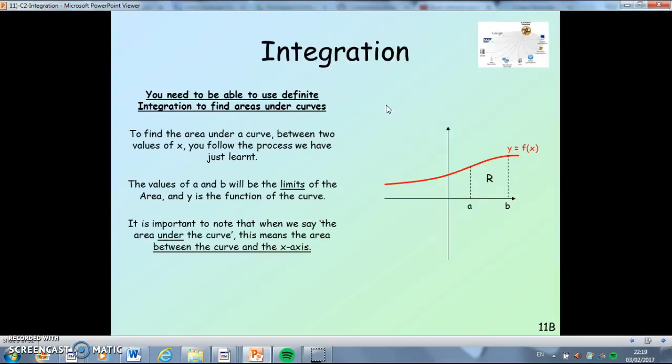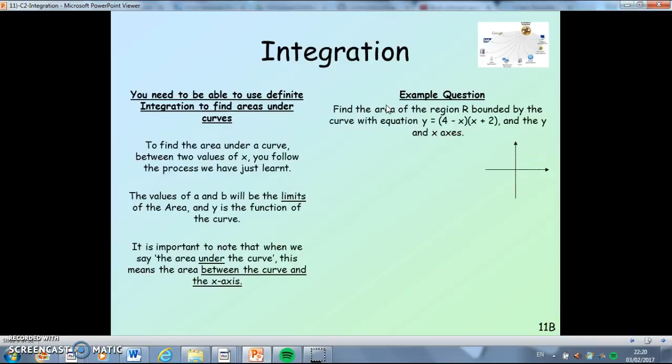So a and b are the limits, and remember that b is the upper limit and a is the lower limit. Okay, so thank you very much. And once again here, we have them in this form, but to find what they are as x, it would be x equals -2 or x equals 4.